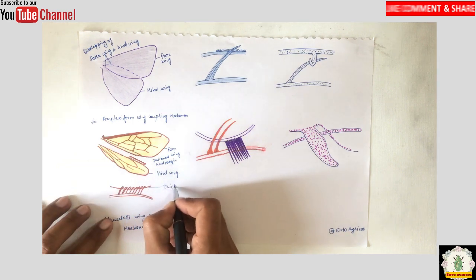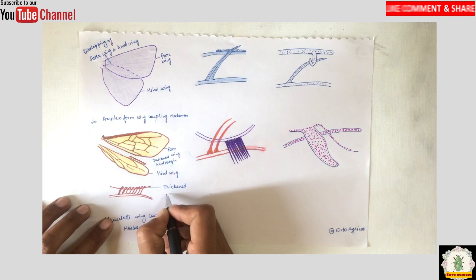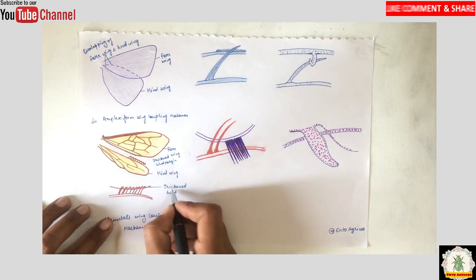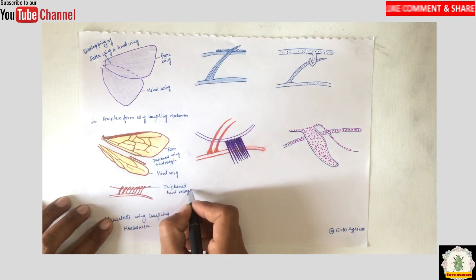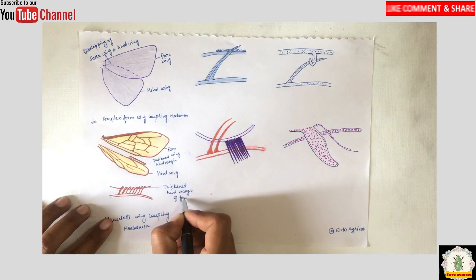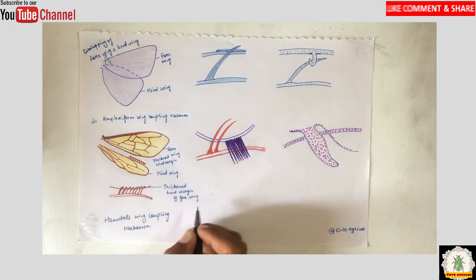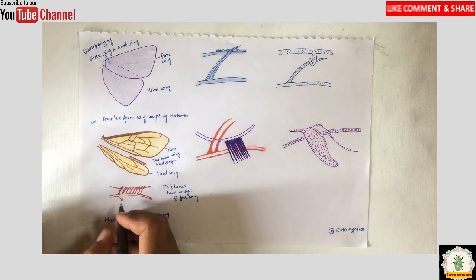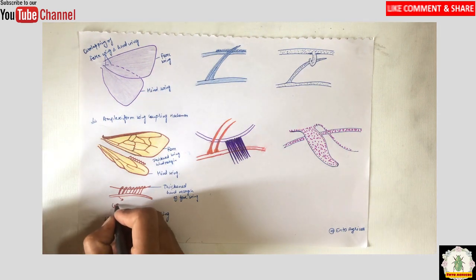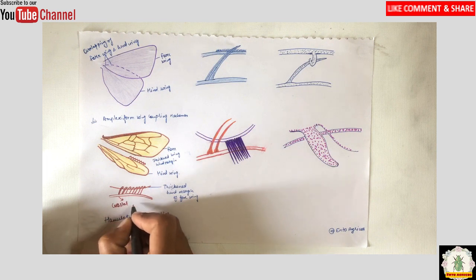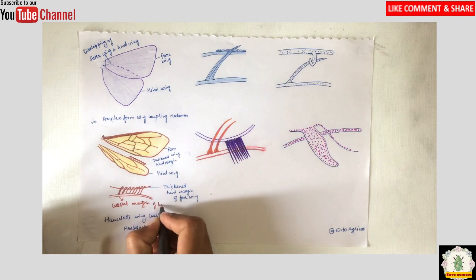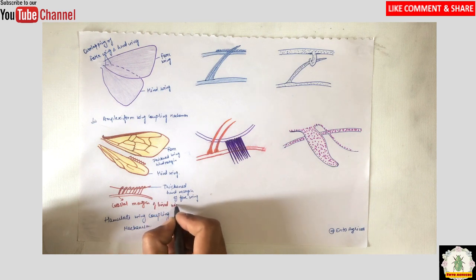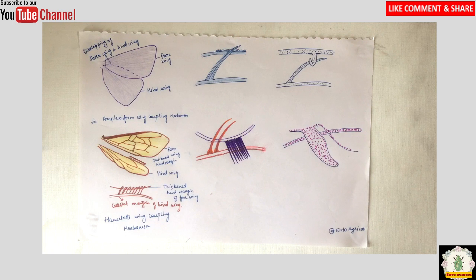Here, this is the thickened hind margin of the forewing, whereas this is the costal margin of the hind wing.